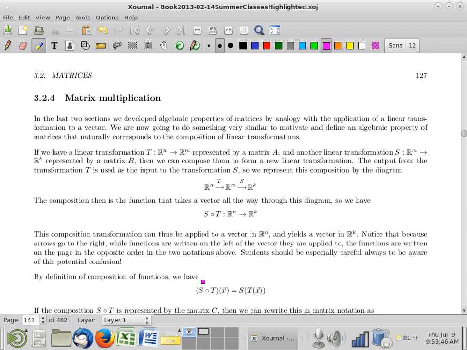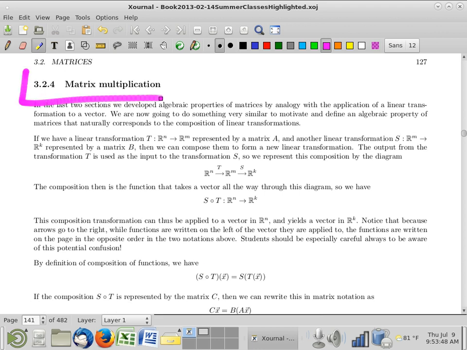Okay, now here's where we get to matrix multiplication. The punchline here is going to be different than what those of you who have seen matrix multiplication before. Well, let me say that differently. The result we're going to get here is not going to be expected.